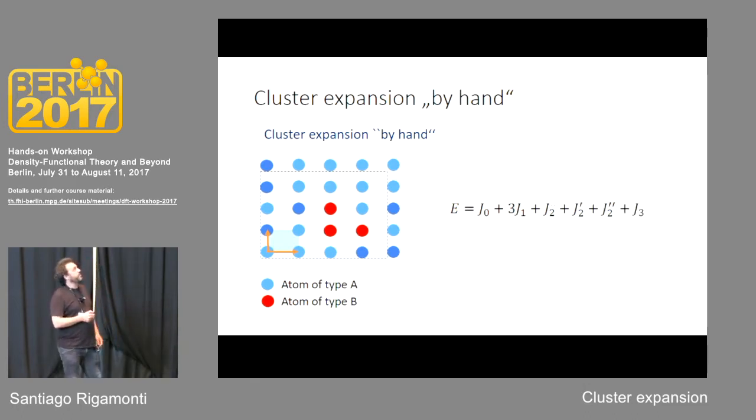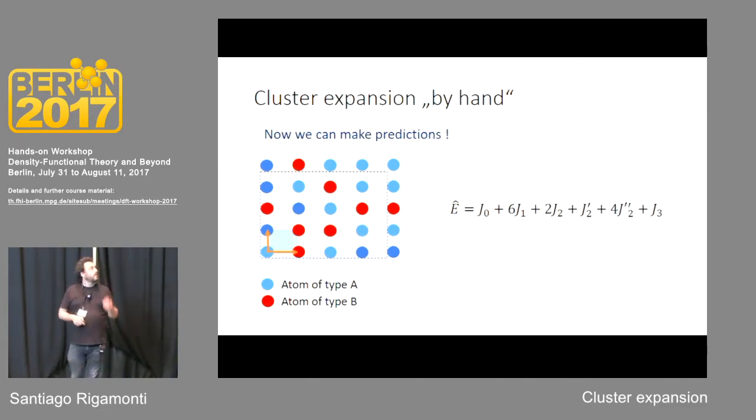And then you can put 3 of them. Then you have the pristine, 3 times J1, 1 times J2, 1 times J2 prime, and then another parameter that we call J3. That is an interaction associated to having 3 atoms together in this arrangement. Therefore, once we have all those parameters, we make an arbitrary configuration, and then we can estimate the energy with these parameters that we obtained before.